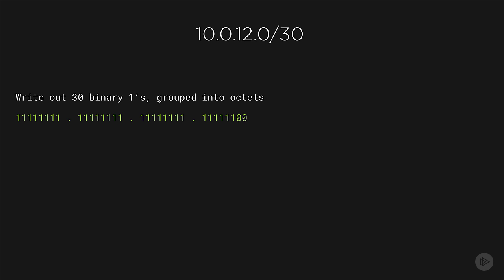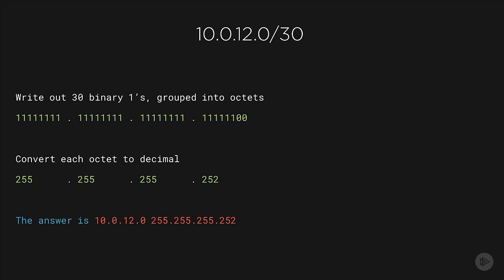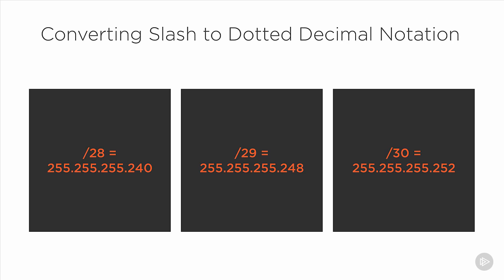The first 3 octets are 255. The last octet is 11111100, which is 252. So, finally, the subnet presented in dotted decimal format is 10.0.12.0, 255.255.255.252.